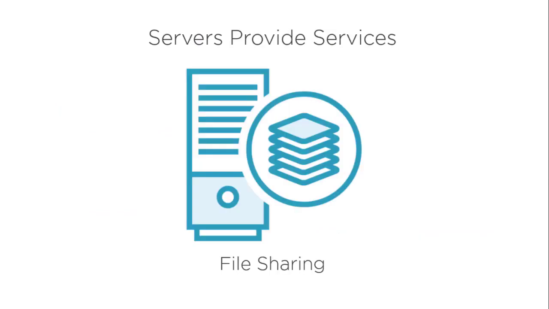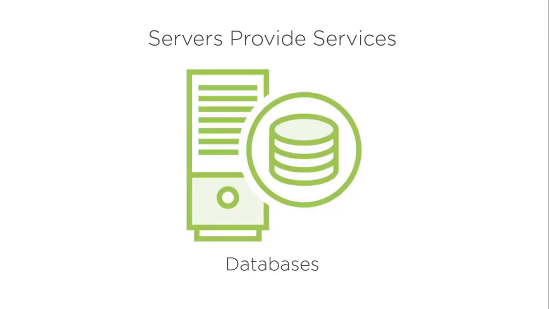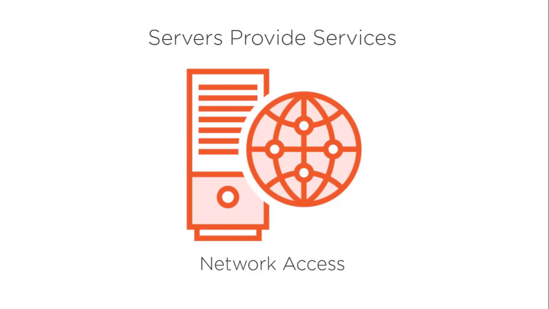Servers provide services like file sharing. We can share files with the help of Windows 2019 server. This is one of the types of service which a server provides. The other is database. We can access the database with the help of the server operating system. We can also share network access. We can use a server as a network sharing device to share an internet connection with multiple users, like ISA Server and other servers like CC Proxy.